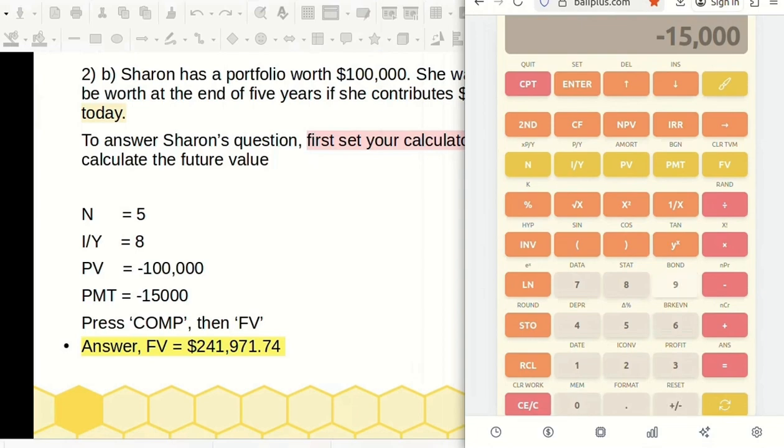And she plans to contribute $15,000 at the beginning of each year. So minus 15,000 is your periodic payment. Now compute the future value. So $241,971.74.